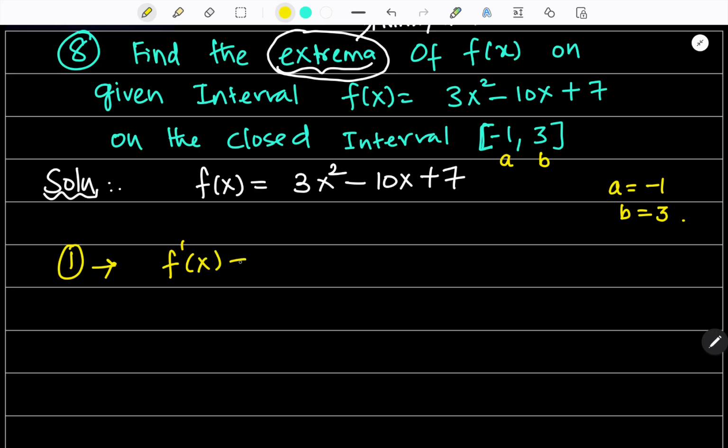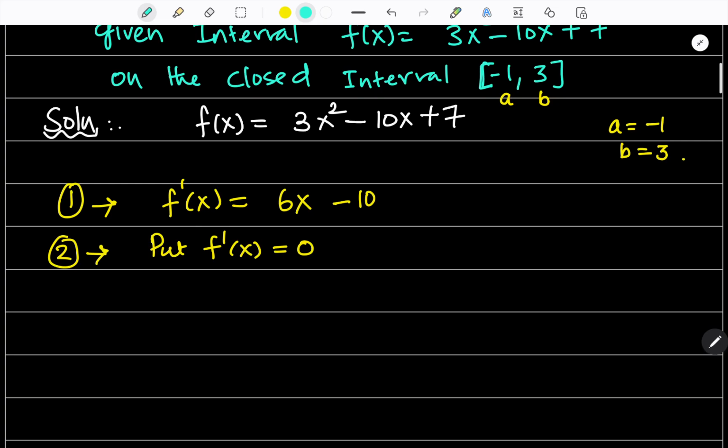f dash of x is equal to 6x minus 10. This is step number 1. Step number 2: put f dash of x equal to 0.